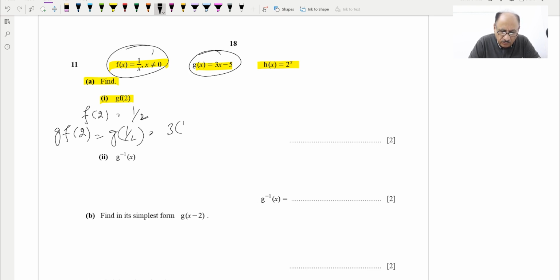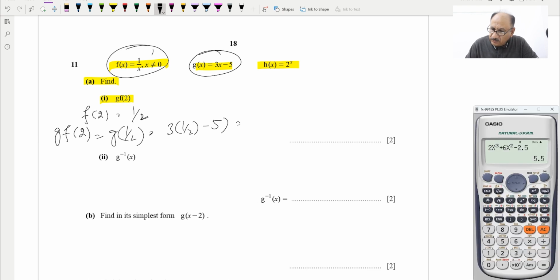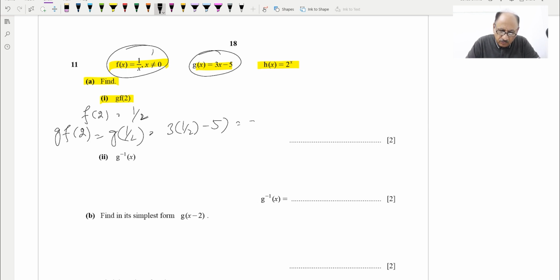So 3 into 1 by 2 minus 5, which is 3 into 0.5 minus 5, resulting in 1.5 minus 5. So minus 3.5 will be our final answer for 2 marks.